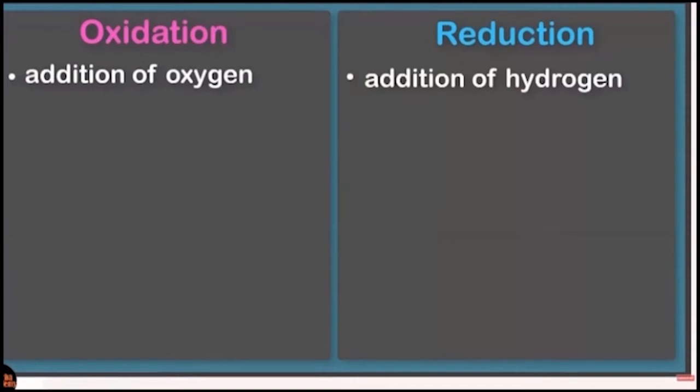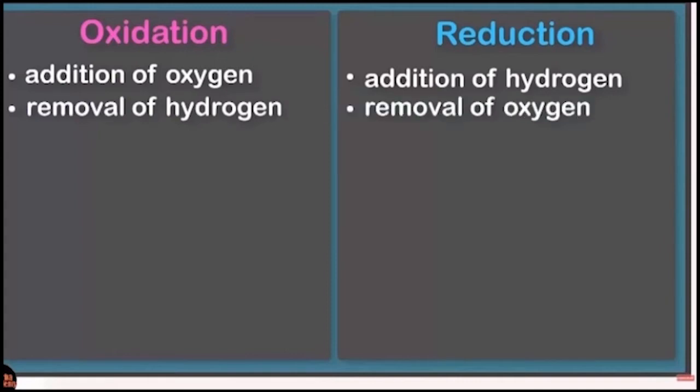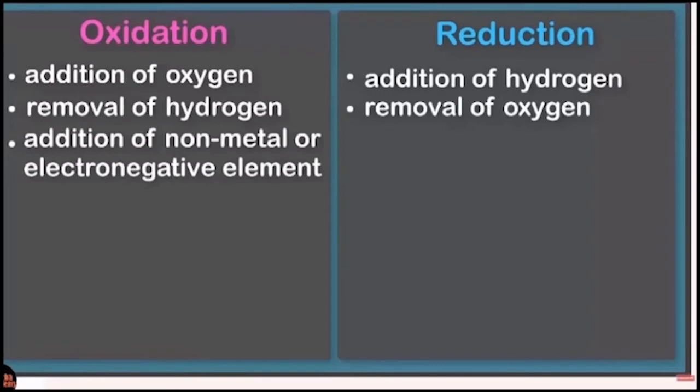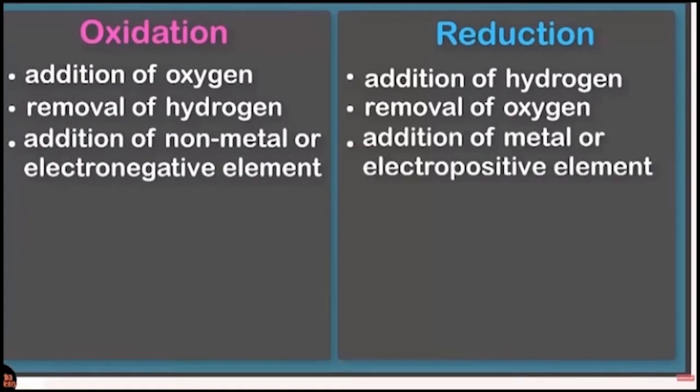Oxidation is addition of oxygen and reduction is defined as addition of hydrogen. Oxidation can also be defined as removal of hydrogen and reduction is removal of oxygen. Now, oxidation need not be only addition of oxygen. We can expand the definition to addition of any non-metal or electronegative element. Similarly, reduction can be addition of a metal or electropositive element.